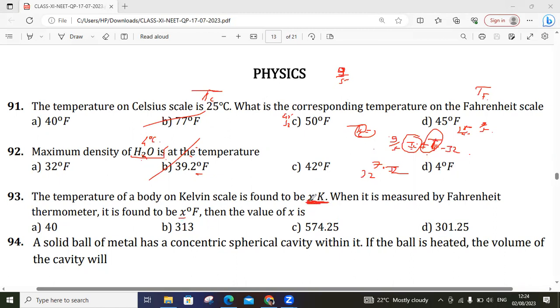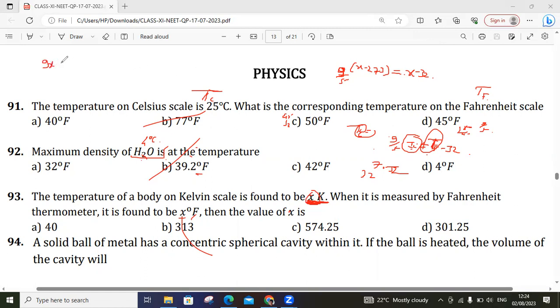Temperature in Kelvin is X. So in degree Celsius it will be X minus 273. Correct? Is equal to TF minus 32, where TF is also X. Basically both are same readings in degree Fahrenheit and in Kelvin. Same reading it is. Now you find the X value, that's all.